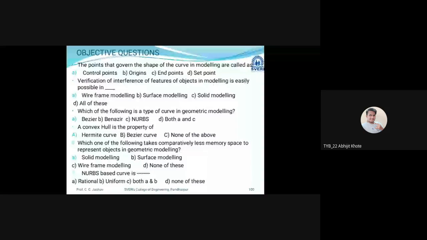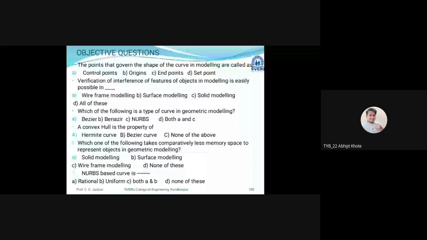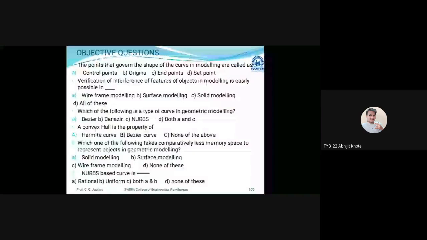Just tell me the names of the curves. Cubic curve. Second, B-spline. Third, Bezier curve. Last one is NURBS curve.